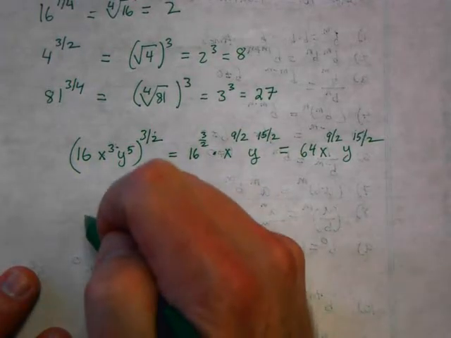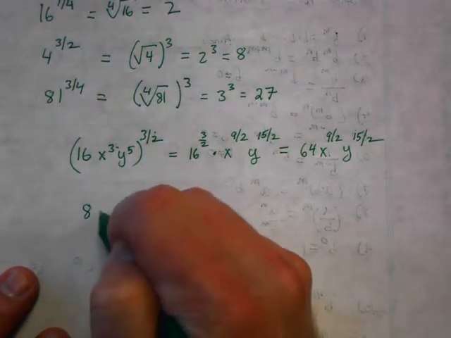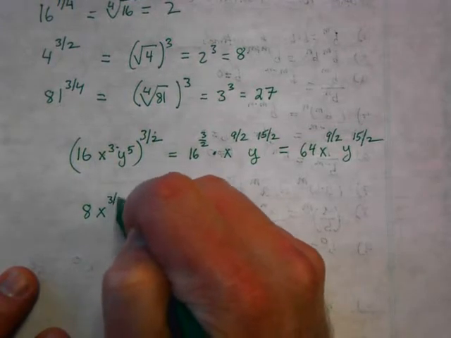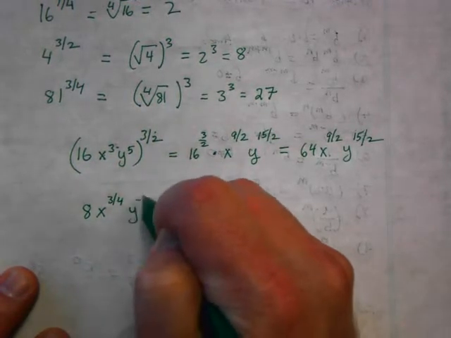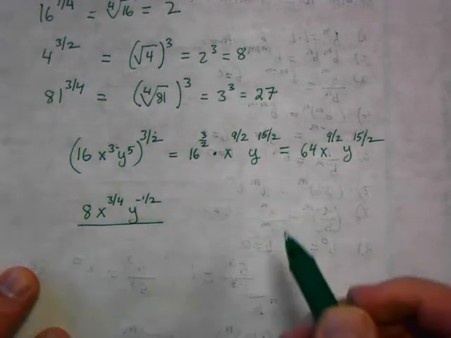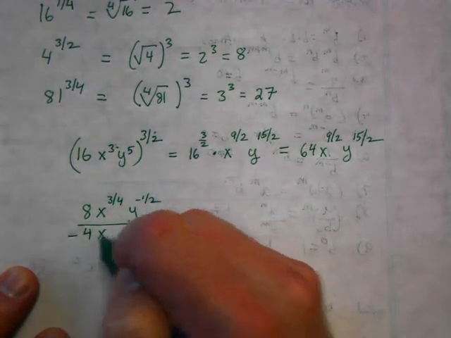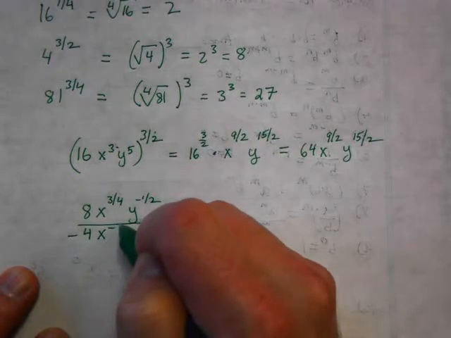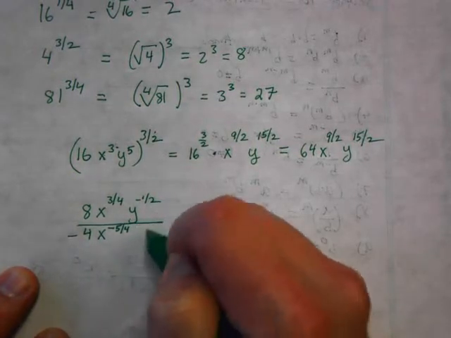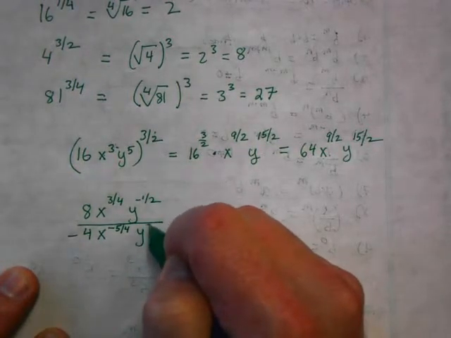Okay, how about 8 x to the 3/4 y to the negative 1/2 divided by negative 4 x to the negative 5/4 y to the 2/3.